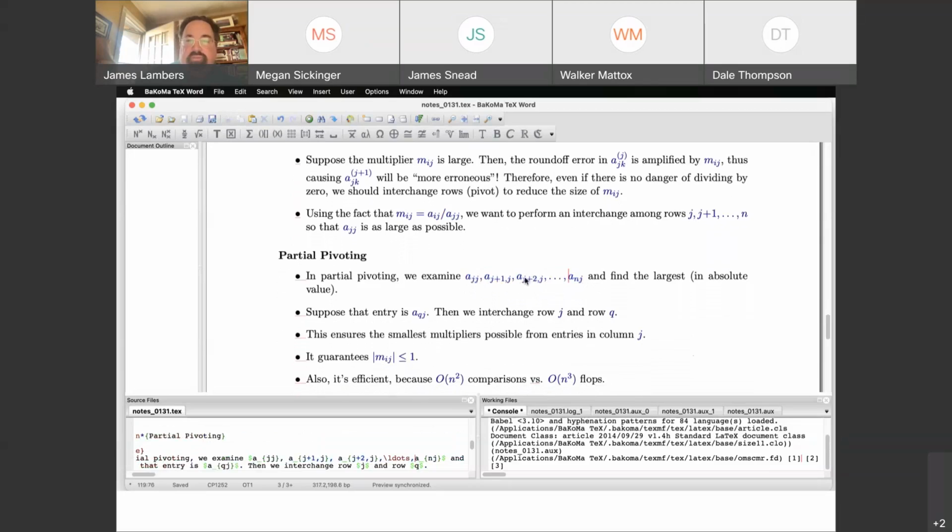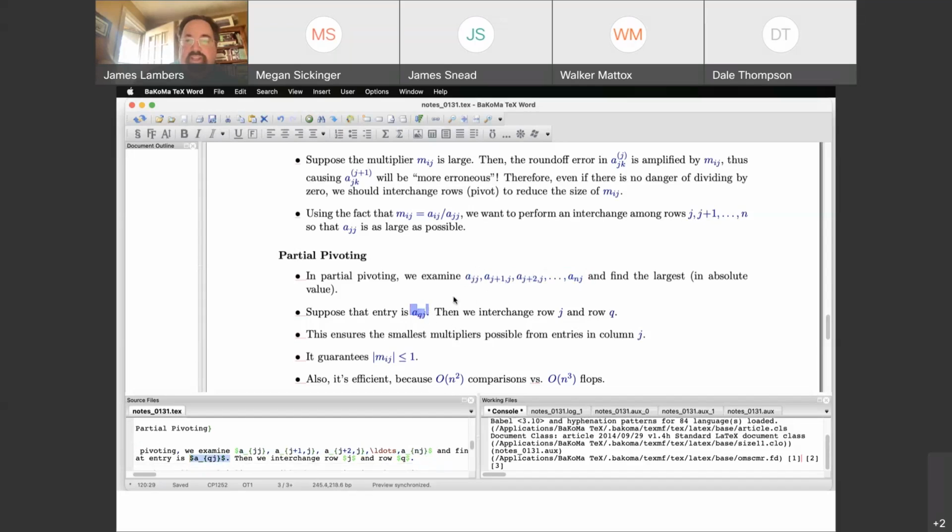Let's suppose that one of these entries, say in row q, is the largest of this bunch. Then you swap row q and row j to move this entry into the diagonal position. That's going to guarantee that the multipliers are at most 1 in magnitude.